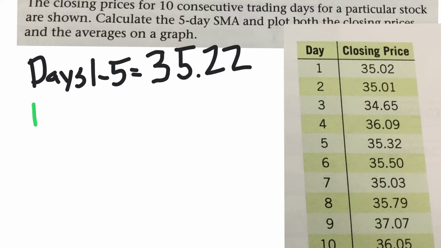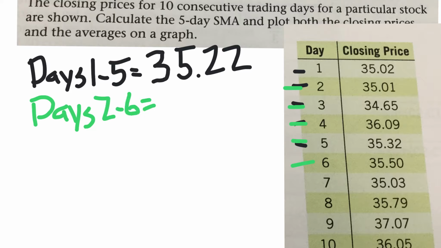Everybody good with that? Okay, now we've got to find the average for the next 5 days. For the first one, we did days 1, 2, 3, 4, 5. Now I'm going to use days 2, 3, 4, 5, and 6. So days 2 through 6, what is the moving average?